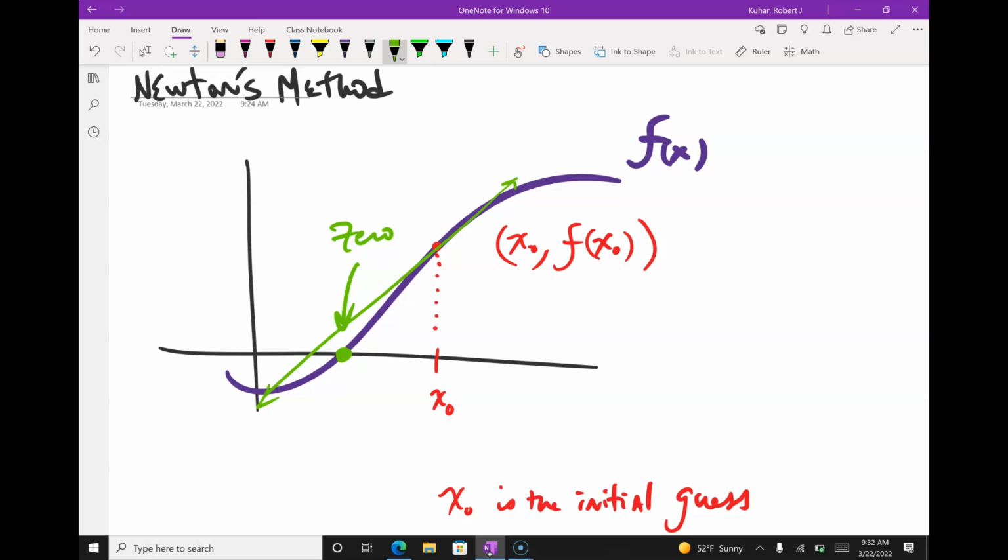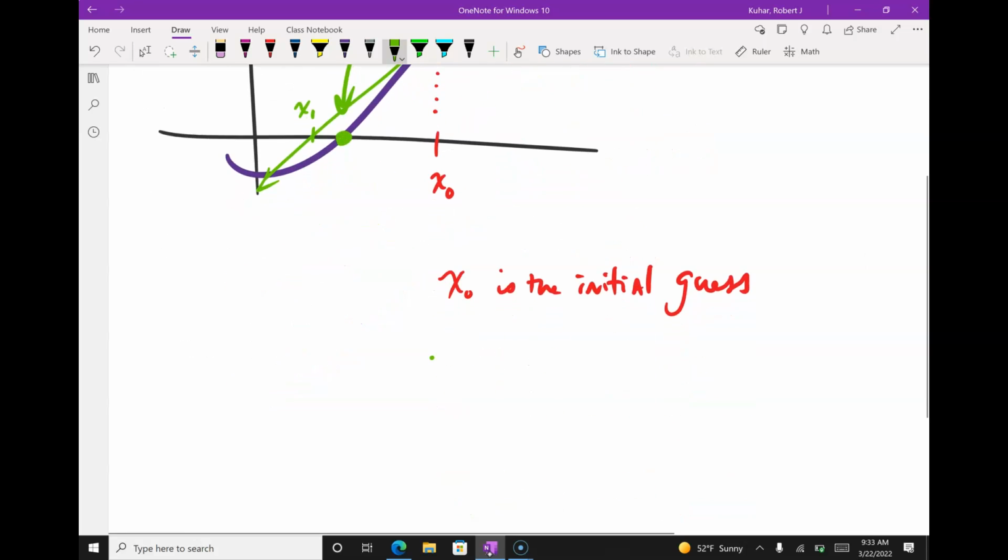Now, depending on the severity of the curve, and this is where some of those in part F where it fails, it could go further away from the root instead of closer to the root. So this guy gives me x sub 1. And that's what I like to call x next. X sub 1 is the next guess.